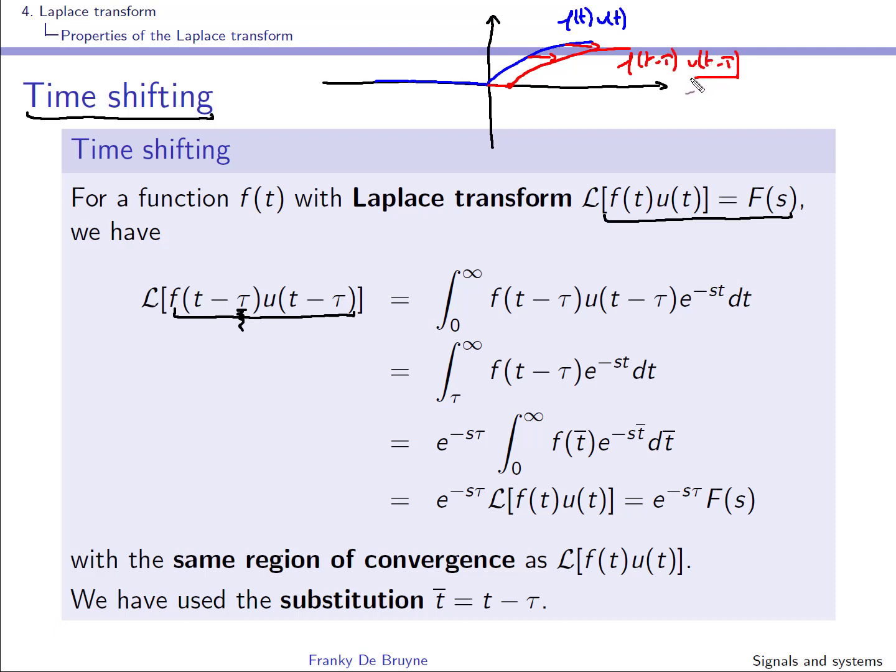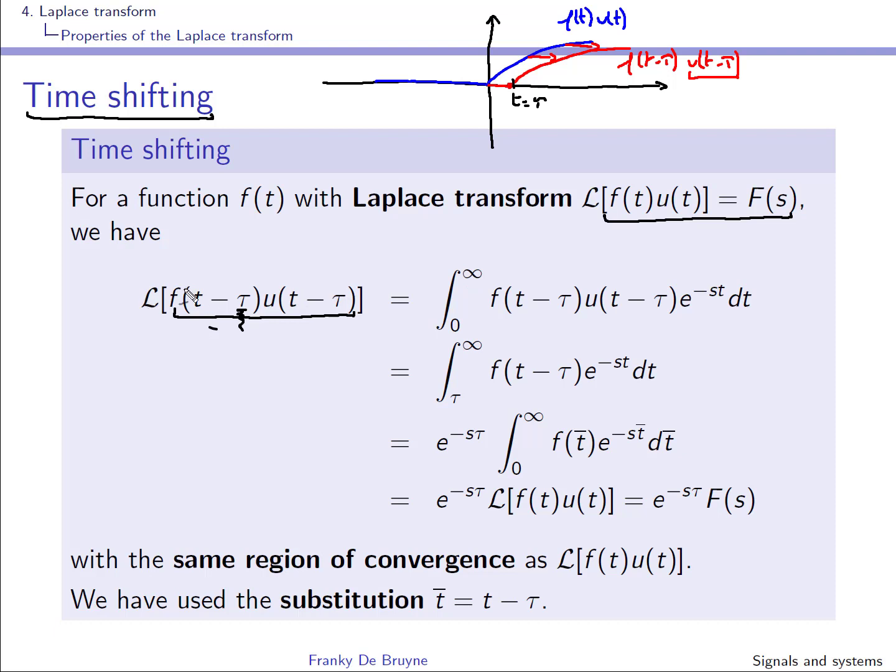It's important that you multiply by this shifted unit step to make sure that everything is 0 to the left of t equal to tau. This is why you need to do a time shift on both f and u of t.